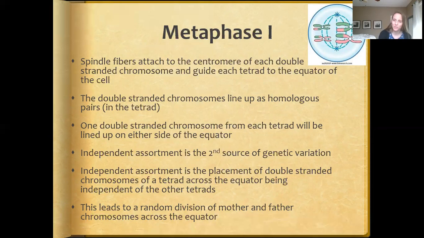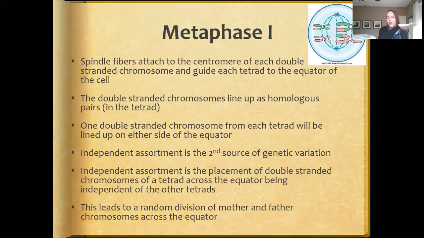This is where the second source of genetic variation is. It's called independent assortment. Essentially, it means that as they're lining up in pairs across the equator of the cell, it's going to be random which side of the equator the maternal chromosome ends up on and which side the paternal chromosome ends up on.